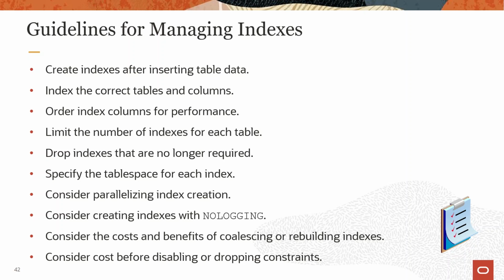Because if you have a primary key, an index will be created. If you drop the primary key constraint, it will automatically drop the index. If you then re-enable or recreate the primary key, that index has to be recreated as well, which, for very large indexes, can be a costly operation. Now you have the possibility to state, look, I would like to disable or drop my primary key constraint, but I want to keep the index in place.